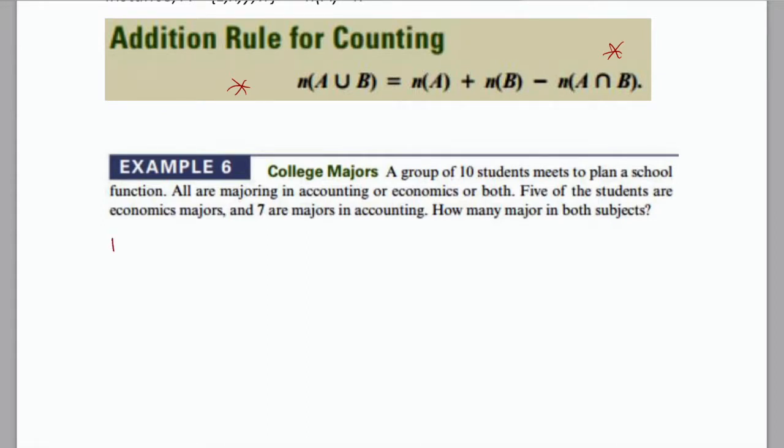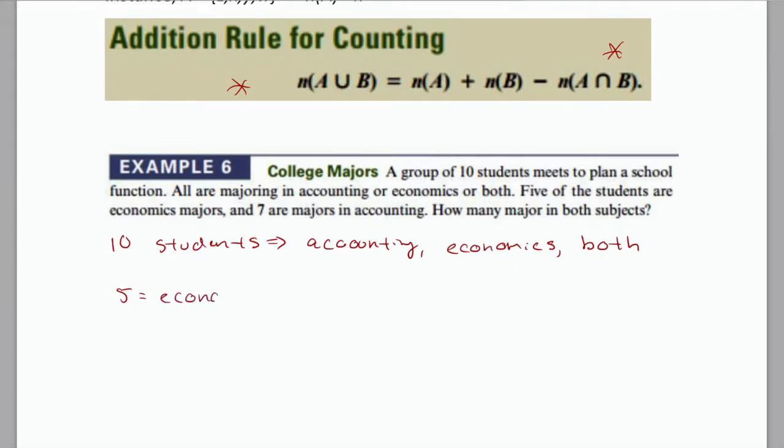So we have 10 students, either accounting, economics, or both. We know that 5 are economics. It's stated right there. We know that 7 are accounting. Again, given.